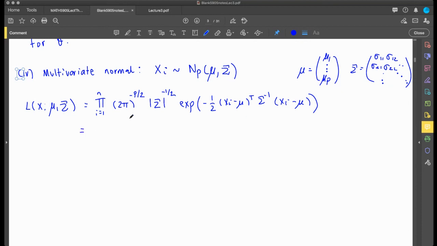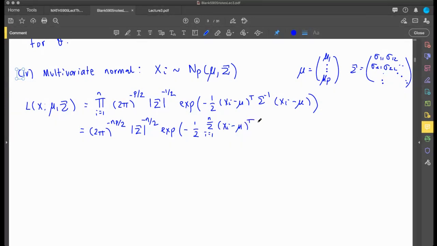Now we can apply this product to the constant, similar to before. You get 2 pi to the power of -np over 2. This is also just a number, and so we have to multiply it n times. You get that expression there, and then multiply a bunch of exponentials. Well, you can just sum their exponents. And we can do the same thing here, where the summation is going component-wise.